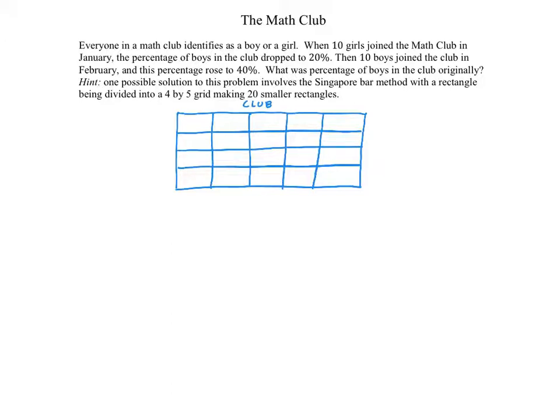So let's write out our 3 months. Let's say December, January, and February. What do we know about these 3 months? Let's start with February. In February, we know that 40% are boys, and some of the boys leave. When some of the boys leave, it brings us down to 20% boys in January. So let's start in February and think about how many parts would be boys.